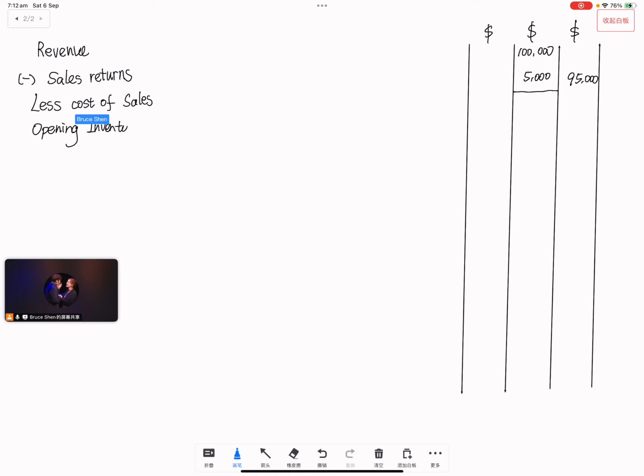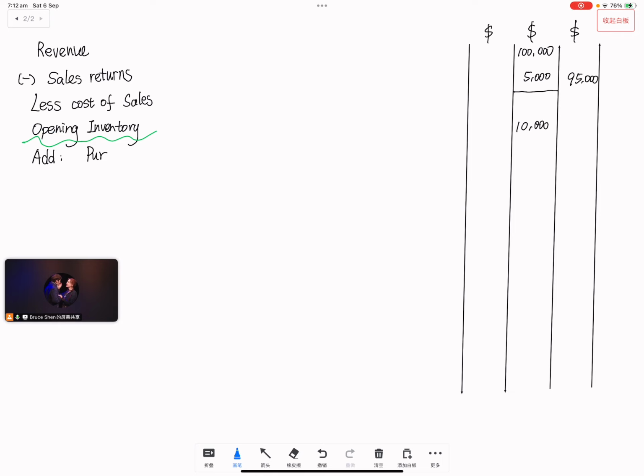It is pretty normal to have a 10,000 opening inventory. Yeah, I think so. So, during the year, we have net purchases. Please ensure that this exists as a separate thing. For purchases, we record it at this column.